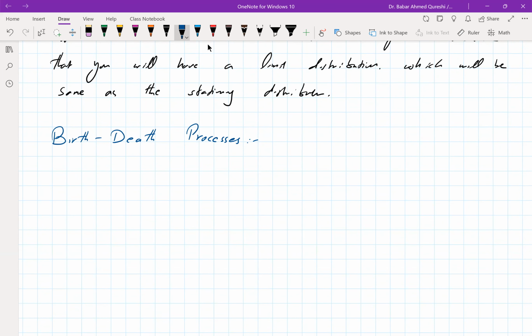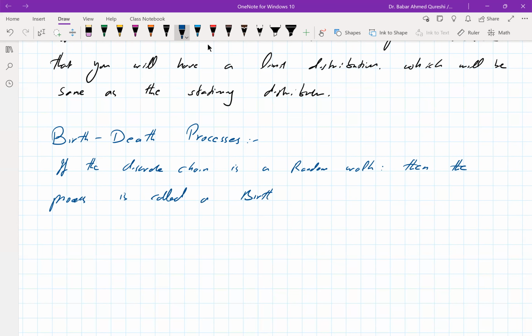This is a process where if the discrete chain is a random walk, then the process is called a birth-death process.